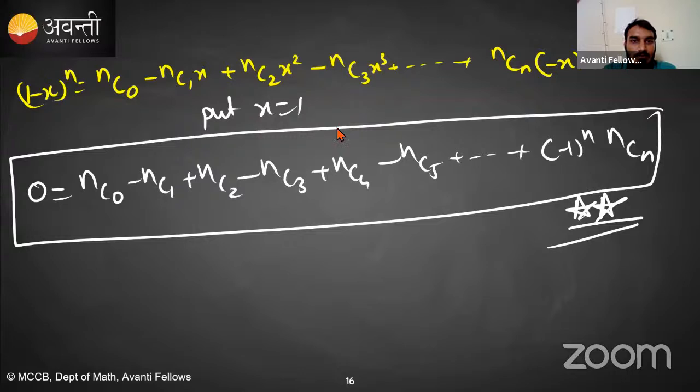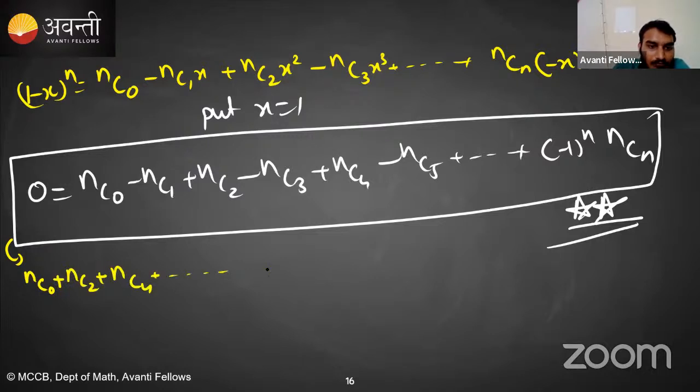Any doubt, students? Okay, so now you have to remember this. Further, can I write it like this? I can take the negative terms and keep them on the left hand side. So I will get nC0 plus nC2 plus nC4, like that, is equal to nC1 plus nC3 plus nC5.